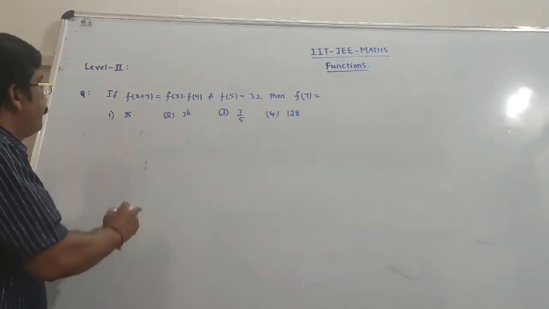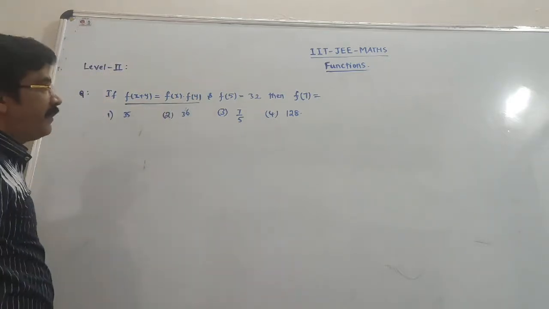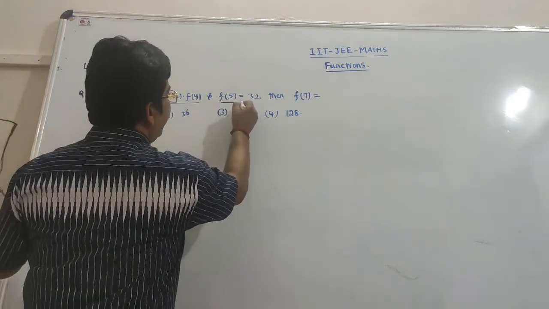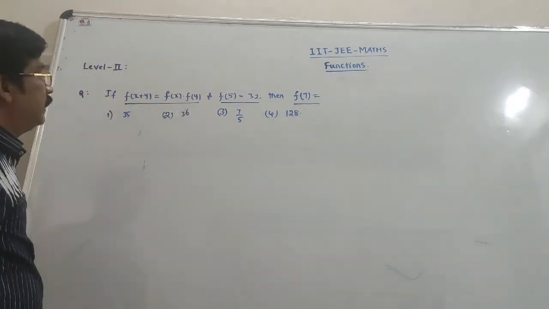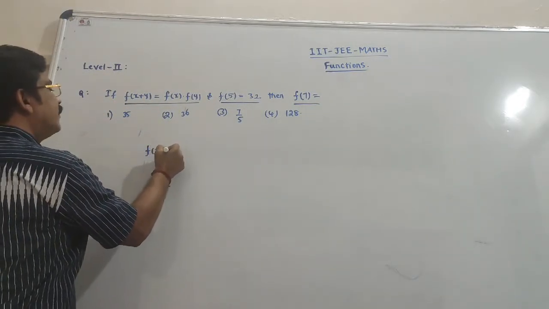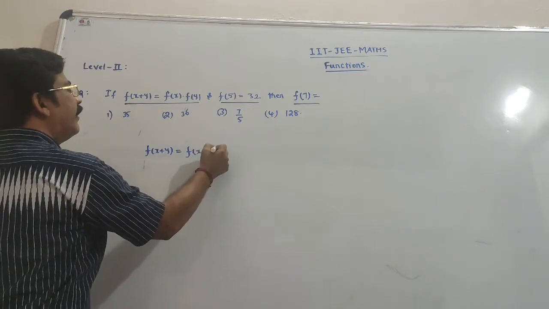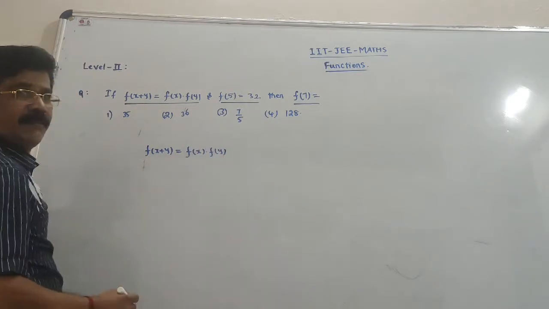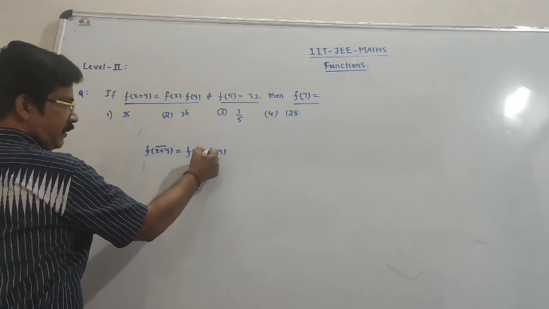Next question. If f of x plus y equals f of x into f of y and f of 5 equals 32, then f of 7 equals dash. Here the given condition is f of x plus y is equal to f of x into f of y. So clearly we see that sum is equal to just like product.